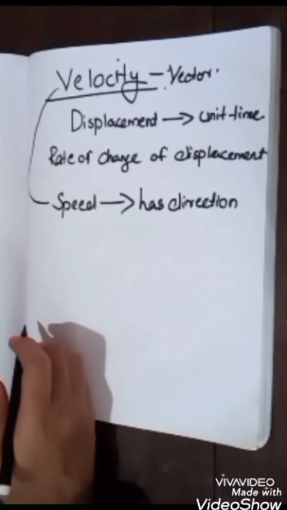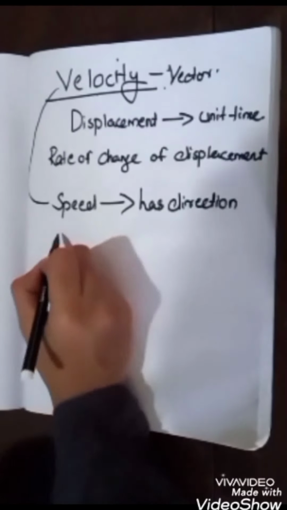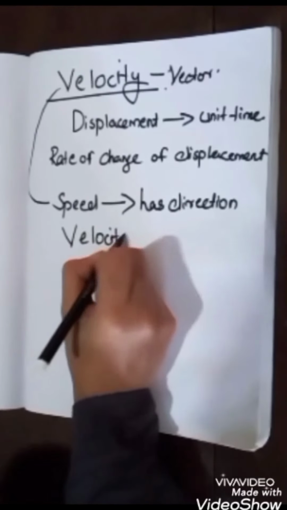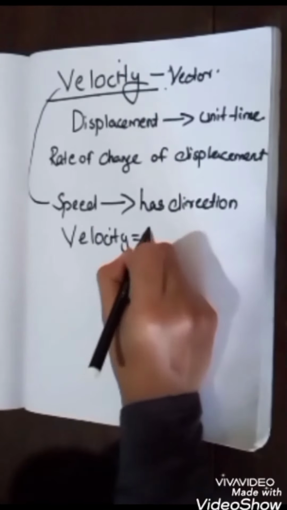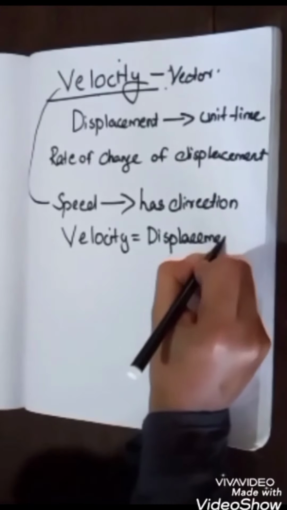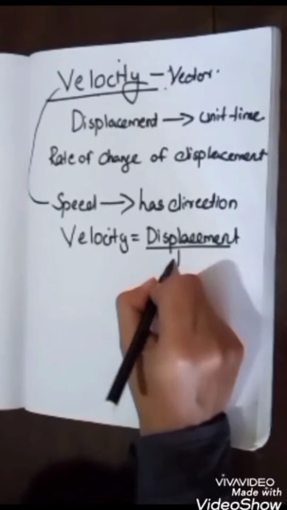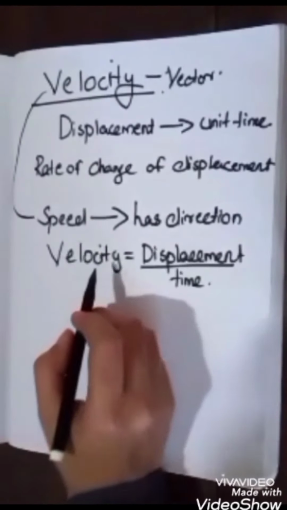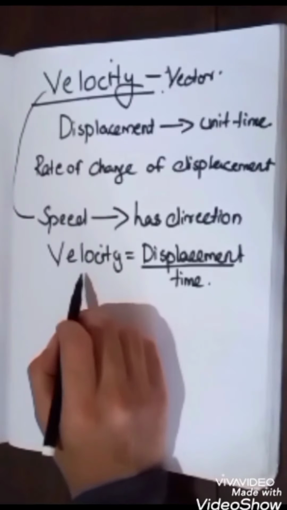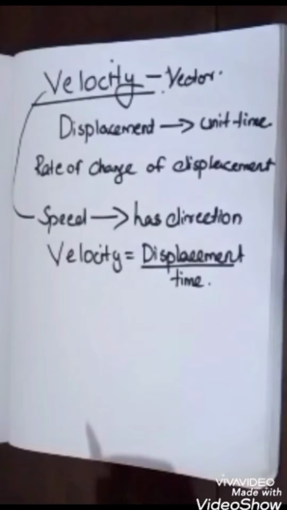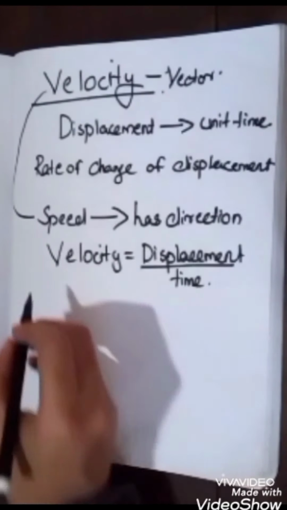How can we write the equation of velocity? Velocity is equal to displacement by time. Then what is the unit of velocity?